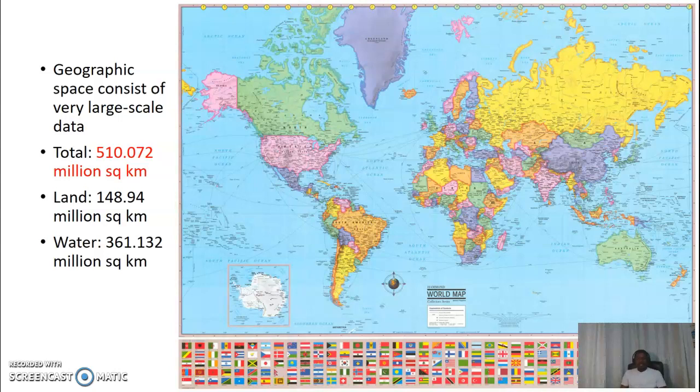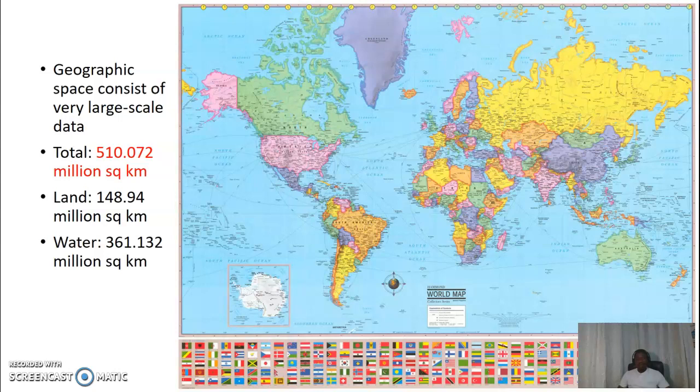As you can see on this world map, the geographic space consists of very large scale data. This is a huge amount of unstructured data, which could not give any value because it is not structured, and it's beyond human capacity.